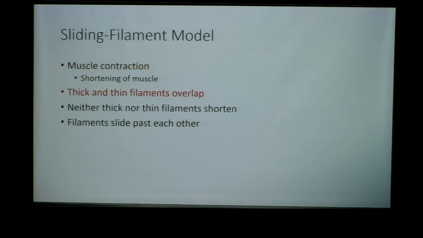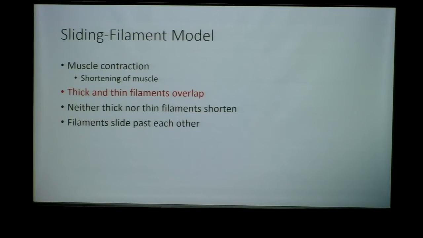So muscle contraction is basically a shortening of the muscle. Okay, muscle is a contractile tissue, and so the level of the sarcomere, which we just saw, is where all of this shortening really begins. There's the overlap of the thin and thick filaments, and neither of them shorten. Okay, the early physiologists who began studying this thought that the myosin heads actually contracted, or the actin actually contracted.